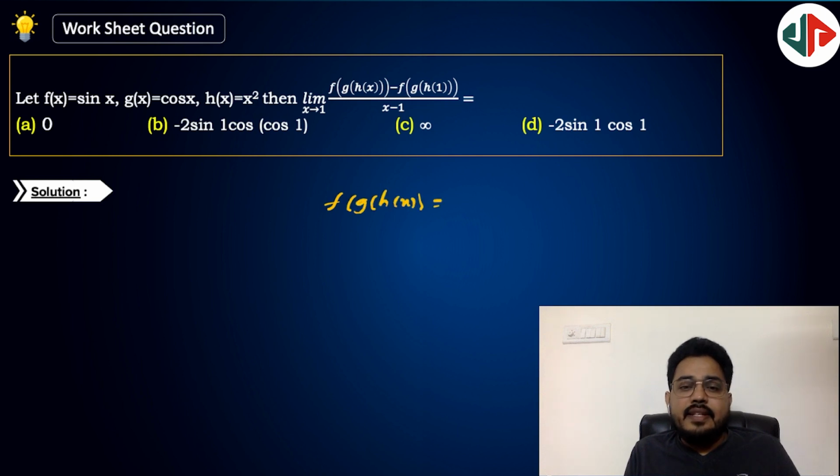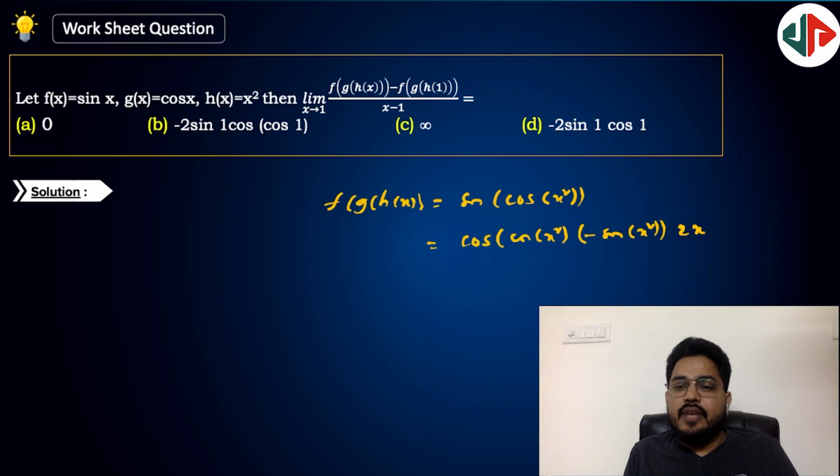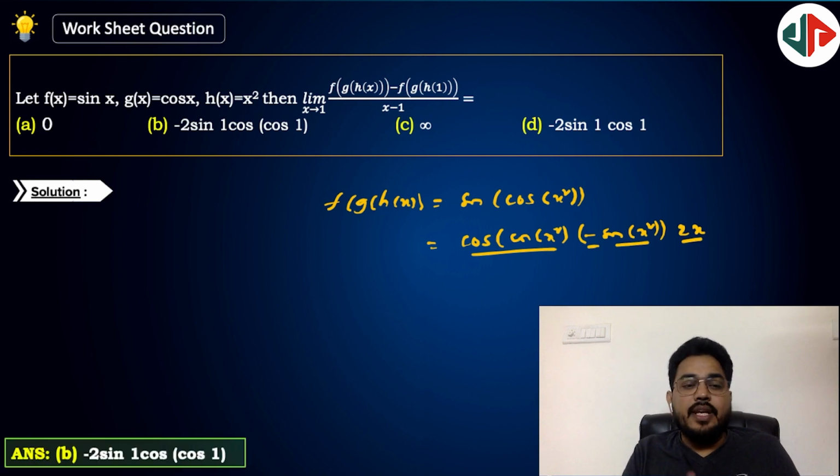It is sine of cos of x square, whose derivative will be equal to cos of cos of x square into minus sine of x square into 2x. So simply at x equal to 1, we need to write 2 minus sine 1 cos of cos 1. So the answer is going to be B. B is the right answer for this question.